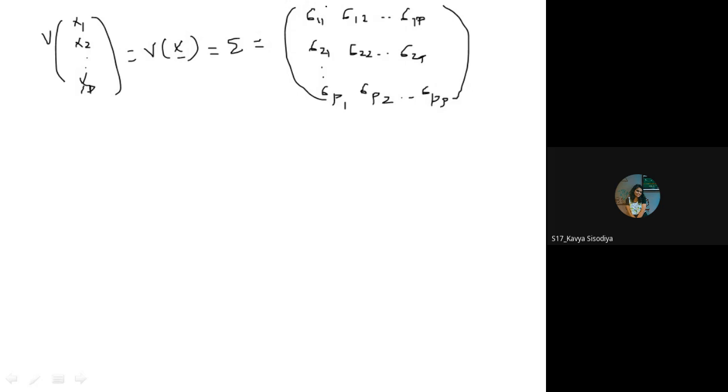The diagonal values are said to be variances, and the off diagonal values are said to be covariances.